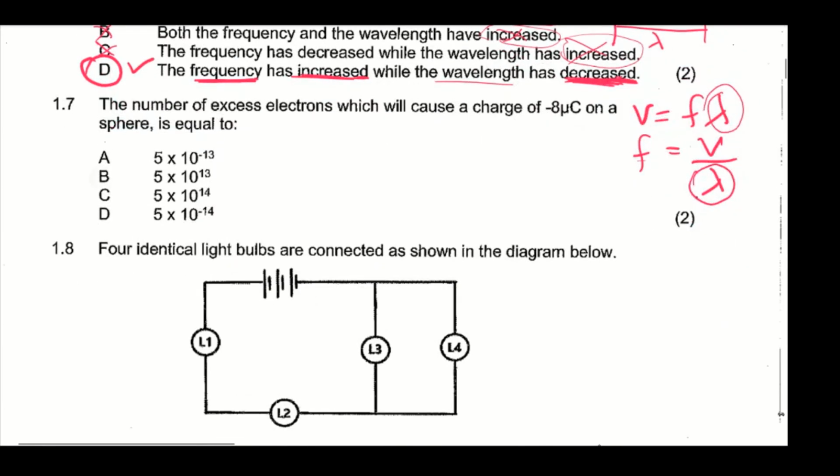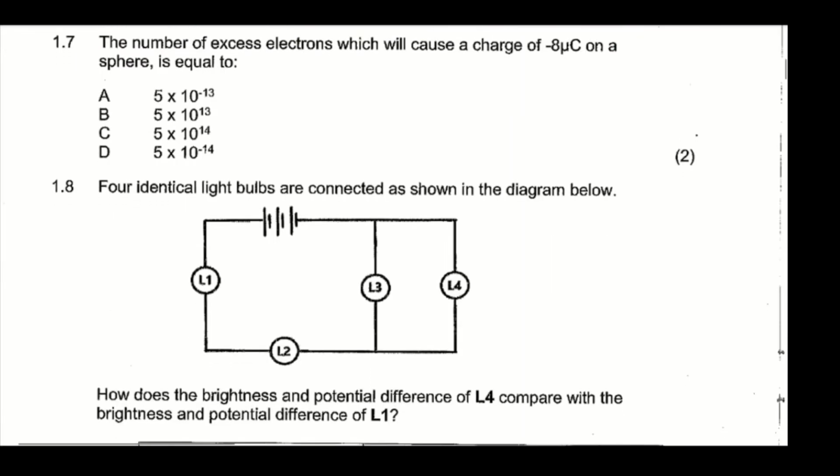Okay, so now we're going to 1.7, which states that the number of excess electrons which will cause a charge of -8 microcoulomb on a sphere is equals to. So we need to find the number of electrons, right?